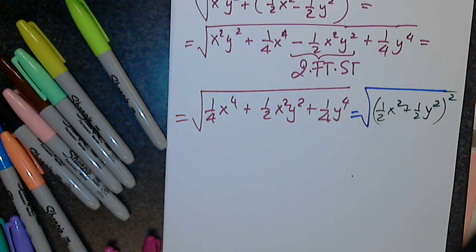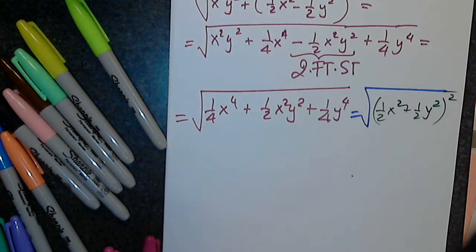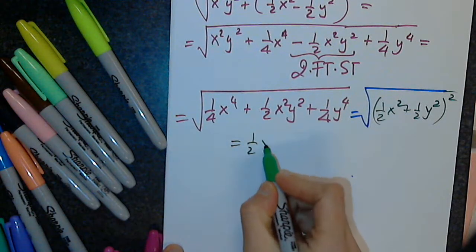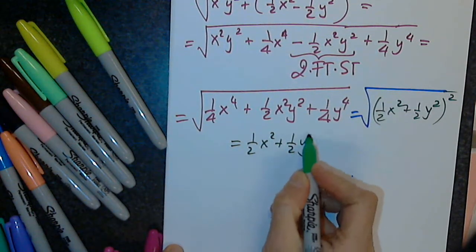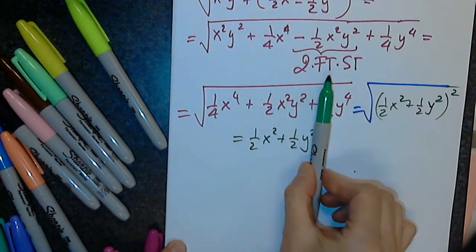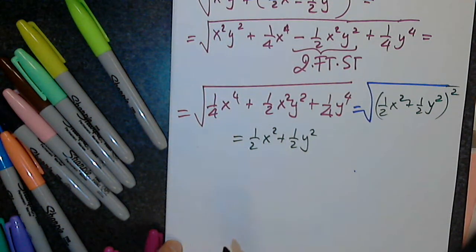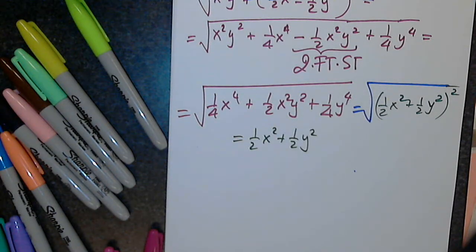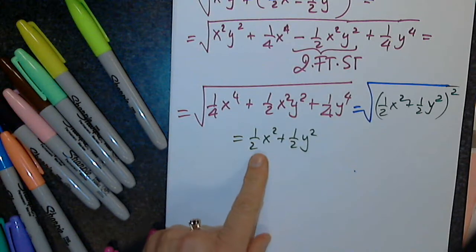Final step. Now I can take the square root from something squared. So you end up with 1/2 x squared plus 1/2 y squared. The only question I have, do I need to write absolute value? Let's analyze the quantity we obtained before we say yes or no. What kind of quantity is this no matter what?